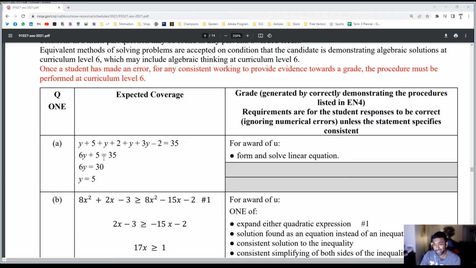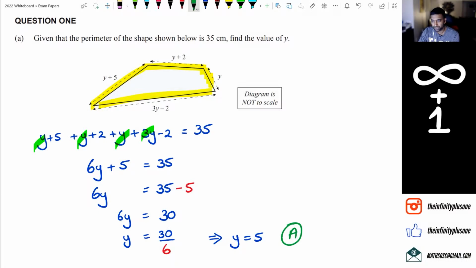You can't just guess and check the answer. I think you're allowed to do one guess and check, so they might allow you for that. But for a full grade of achieved, you do need to form the linear equation and actually solve it as well. Cool. That is question 1A.